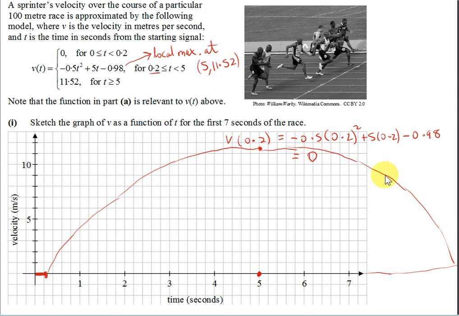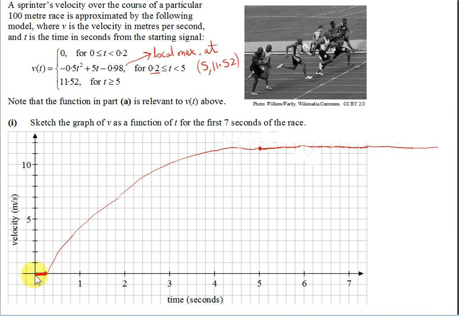But anyway, this is not the picture for values of t greater than 5. We can see that when t is greater than or equal to 5, v is 11.52. So we just have a constant function of 11.52. So we have a horizontal line coming from this point for values of t greater than or equal to 5.